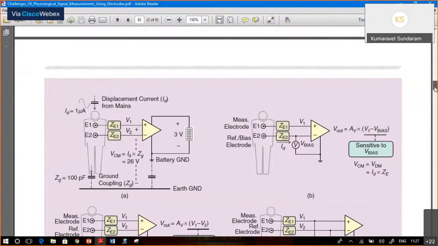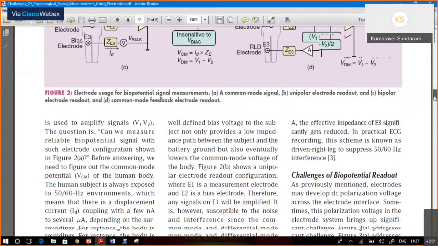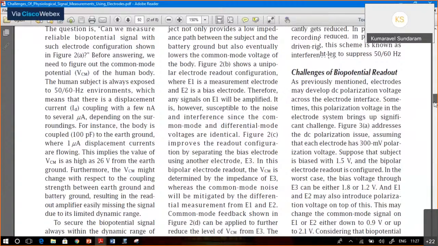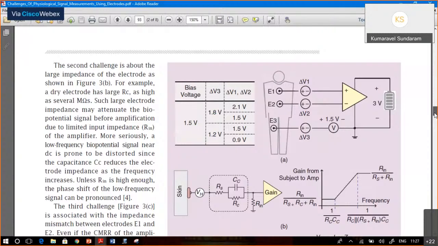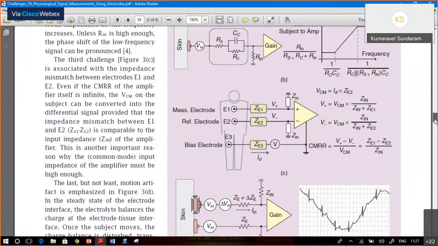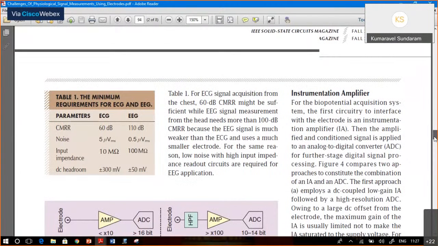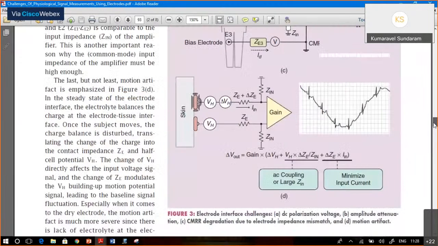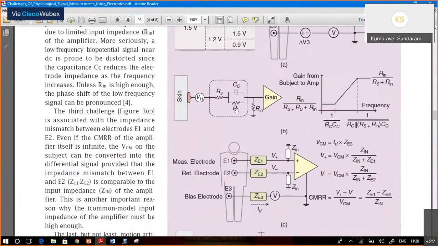This is an in-depth analysis of the biomedical amplifier. Now we are targeting only the circuits, how we can design a very low noise amplifier. This PDF will give you a much better idea about the interfacing issues, the electrode skin interfacing issue, and how we can model an electrode in terms of circuit elements.